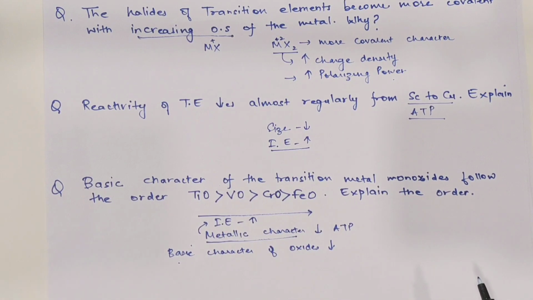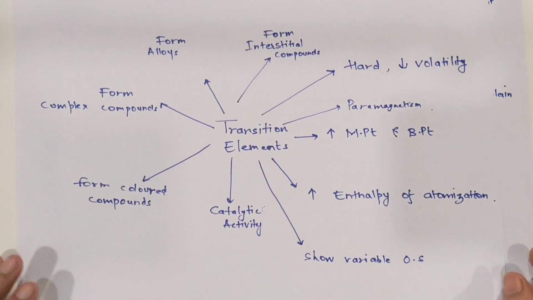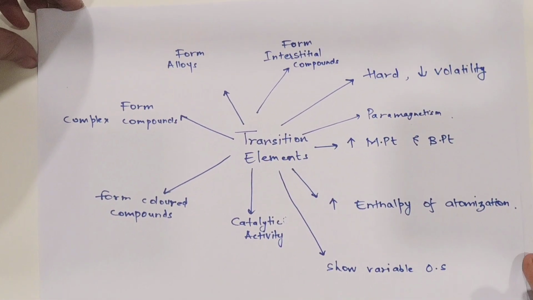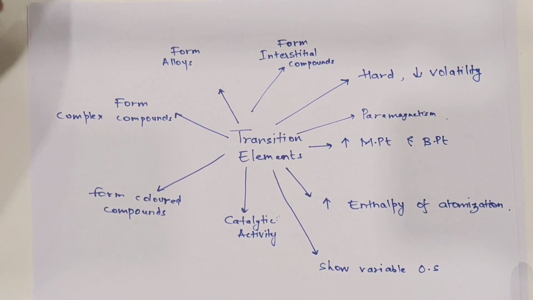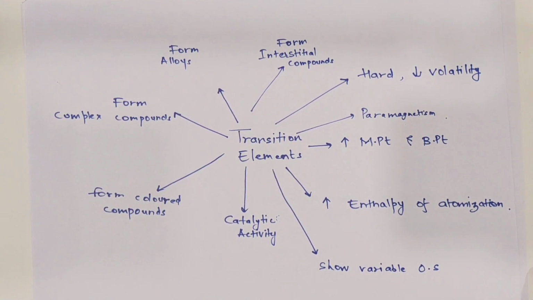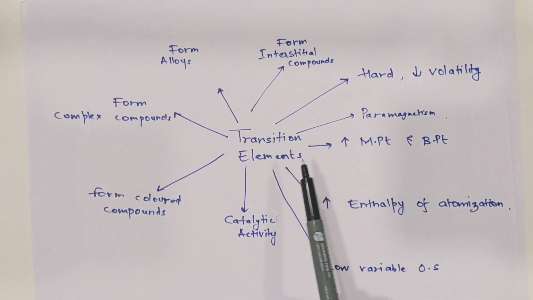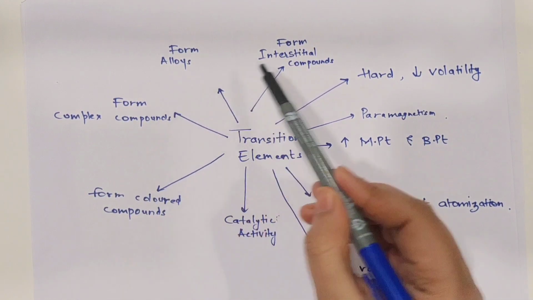Okay? Moving on. Now we will talk about the general properties of the transition elements. Transition elements show a variety of properties. Many questions are asked directly. Why transition metals are hard, why they show paramagnetism, why they have high melting point and boiling point, and so on and so forth.